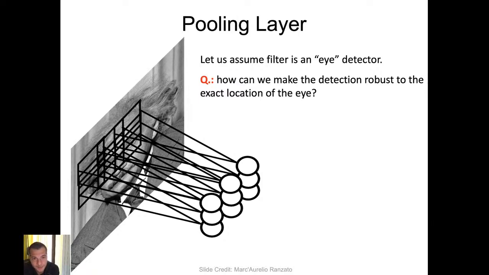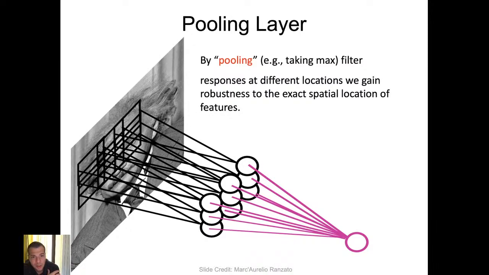One way to make the detector more robust is to apply the pooling operation. By pooling, we mean we take, for example, the maximum response from a certain region, and if we do this at different locations, we obtain robustness to exact spatial locations of features.